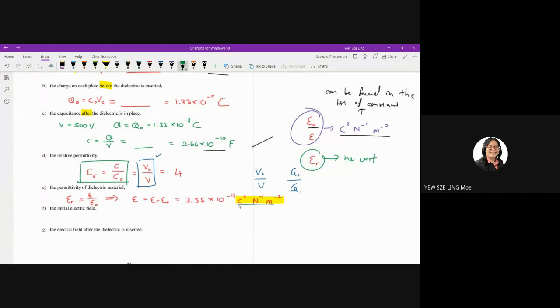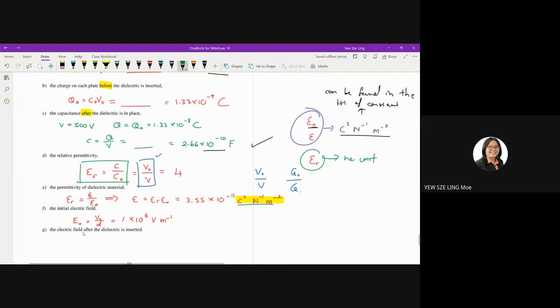So question F, the initial electric field. You calculate the initial electric field by using the initial potential difference. So E naught equals V naught over d. You use V naught, the initial potential difference. So it is equal to 1 times 10 to the power of 6 volt per meter.